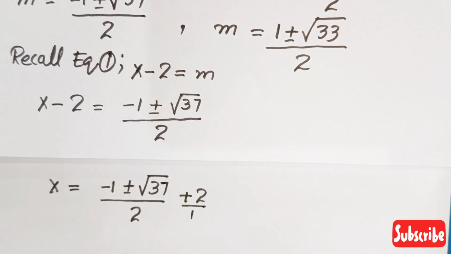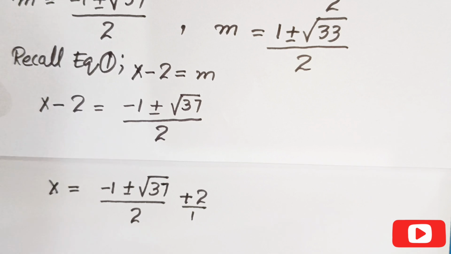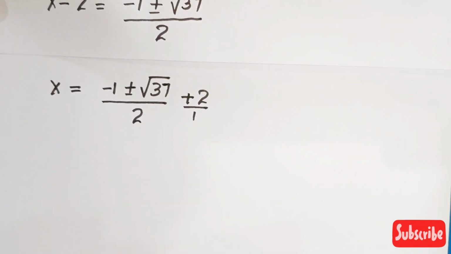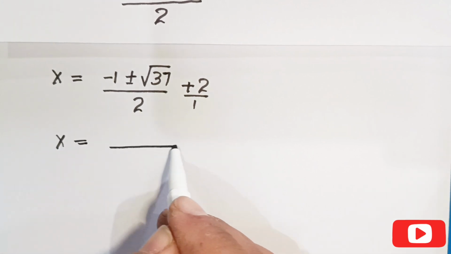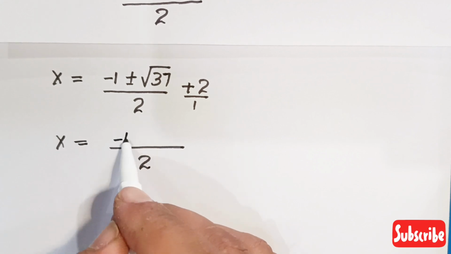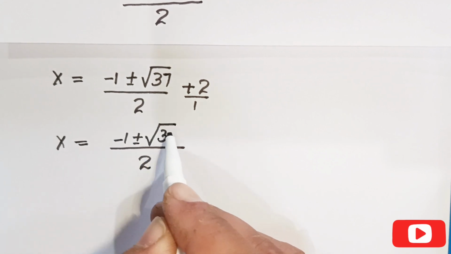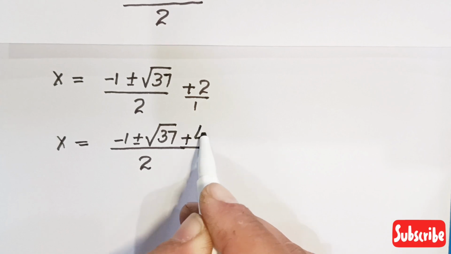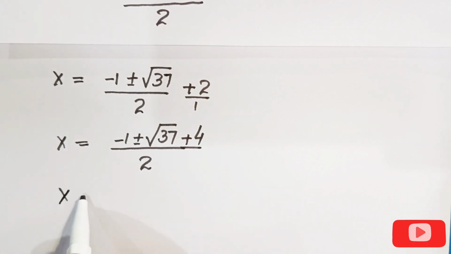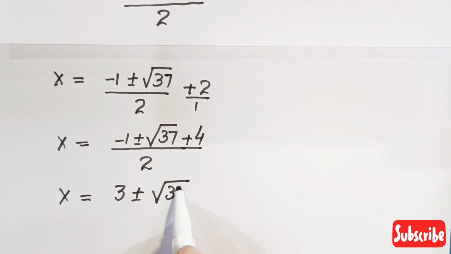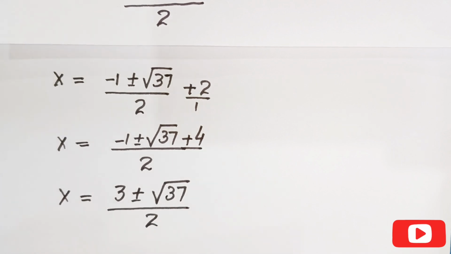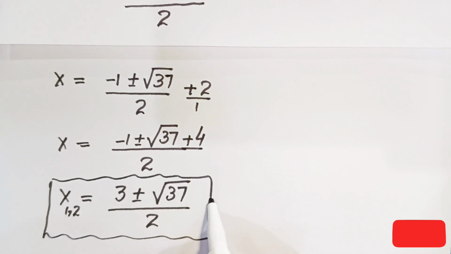Now here we have denominator 1, so if we take the least common multiple on our right hand side, we have x is equal to 2 as LCM, then minus 1 plus minus square root of 37 and plus 2 times 2 is 4. So here x is equal to 4 minus 1 is 3 plus minus square root of 37 all over 2. These are our two values of x, let's say x1 and x2.